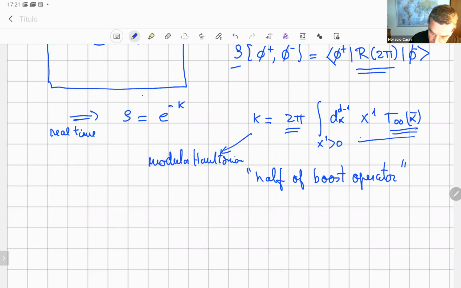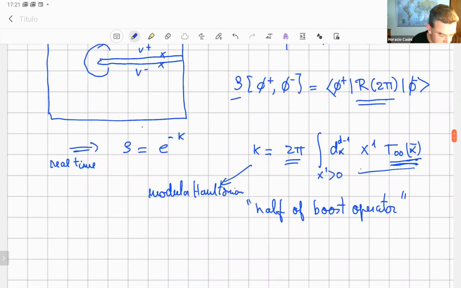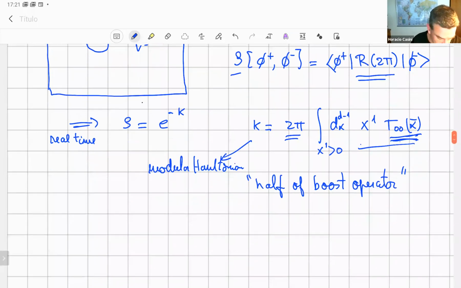In this case, it's only given by an integral of the energy density. And this is quite peculiar. It doesn't hold for non-relativistic theories, for relativistic theories with different state than the vacuum or different regions. So it holds only in this particular case, or in general cases which are related to this one by symmetries.